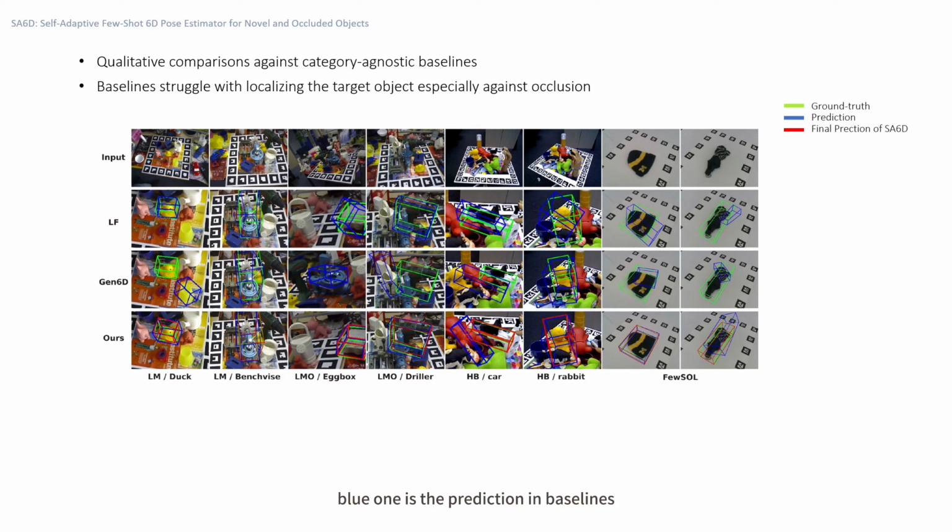Blue is the prediction of the baselines and the prediction of SA6D before using the geometric features in the refinement module. Red denotes the final prediction of SA6D combining geometric features. Baselines struggle with localizing the target object compared to our method on occluded scenes.